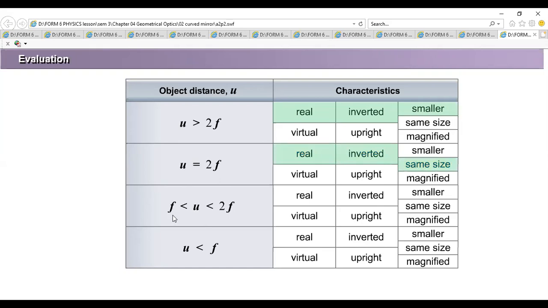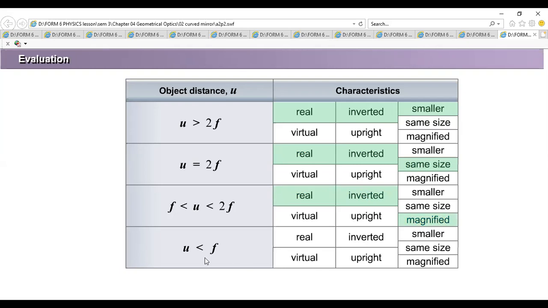If the object is in between F and 2F, or U is in between F and C, the image formed will be real, inverted, and magnified.